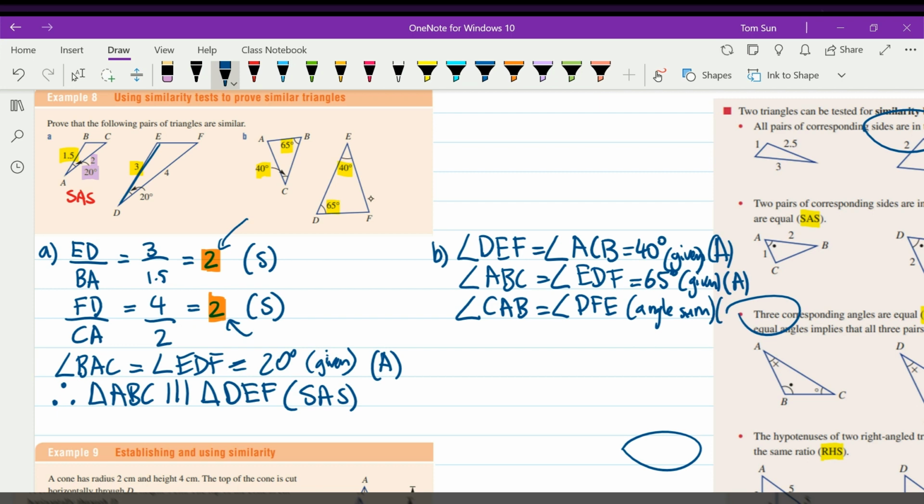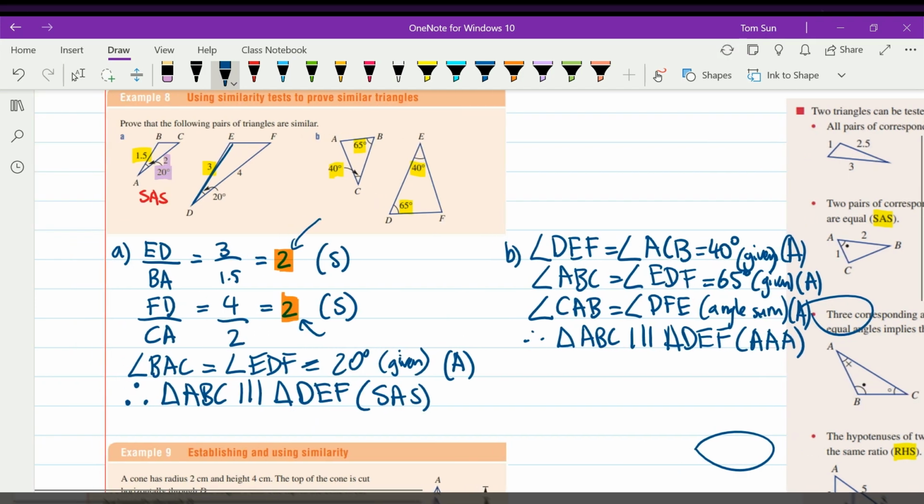So angle sum, and then you can write A here, and now you've fulfilled the condition, so you can write therefore triangle ABC is similar to triangle DEF, because AAA. There you go. You're done with that question.